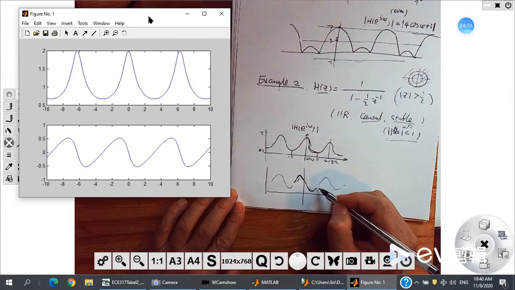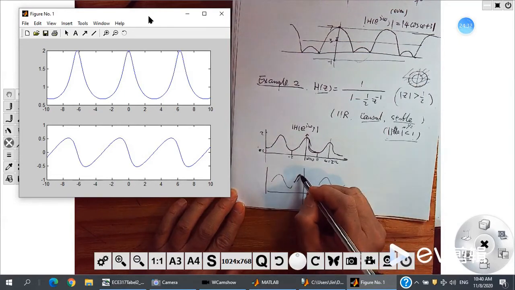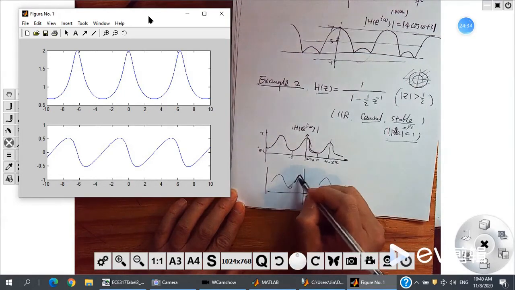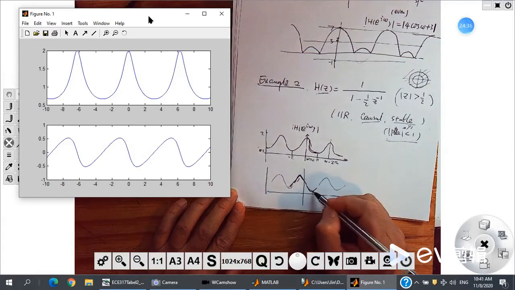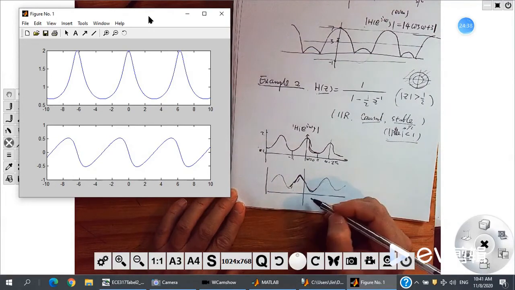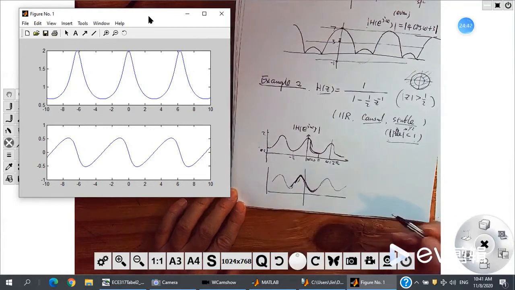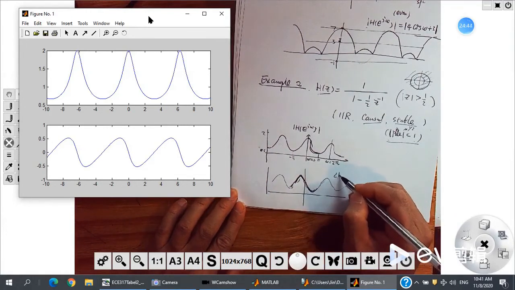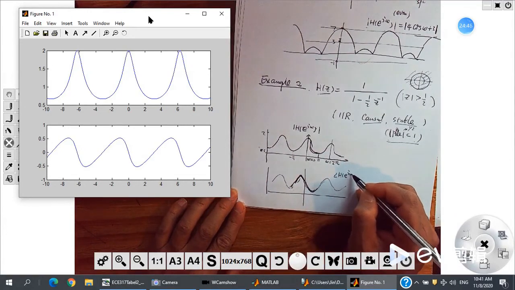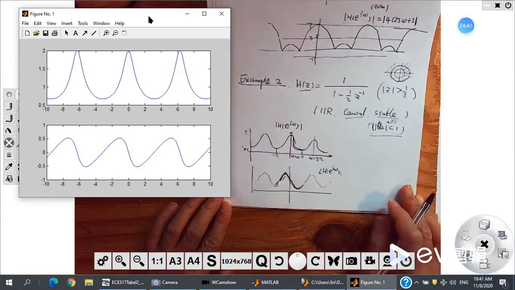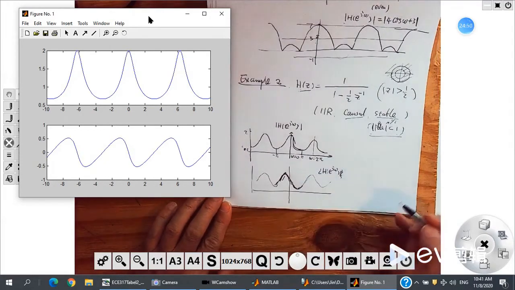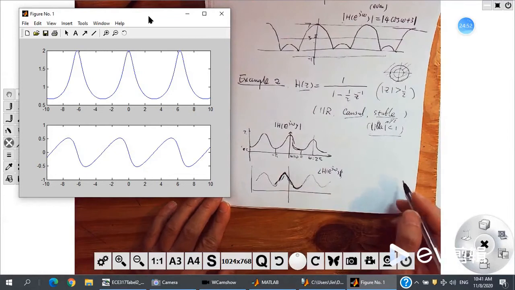It's not so symmetric. This slope is sharp, and this is not so sharp. Yeah. Okay. This is the angle of H, the phase spectrum.